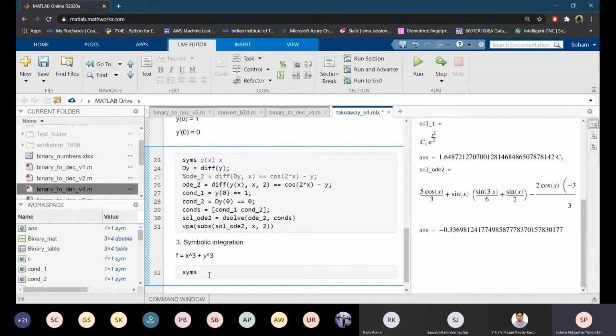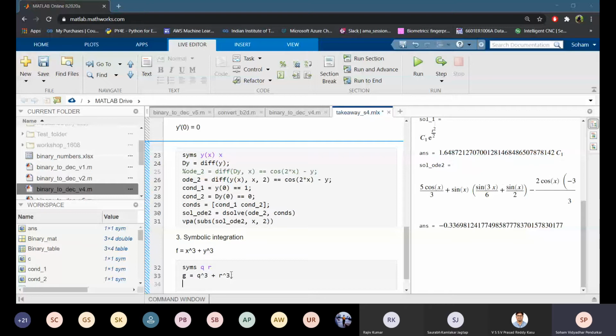I should define the variables a little bit differently. Let's say syms q r. Then this also gets modified, but you get the point. g is equal to the function q cube plus, and I just want to integrate this function with respect to q.